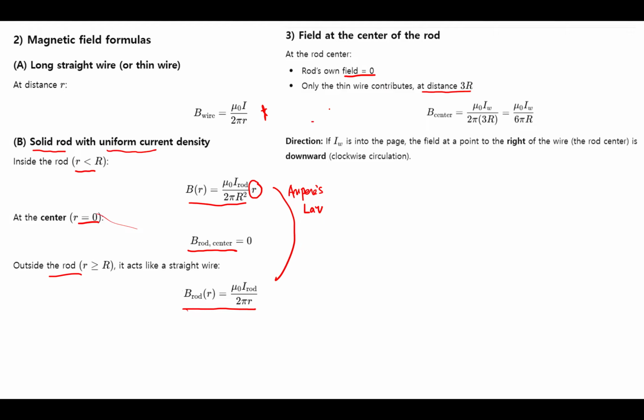Okay, so at the center of the rod, the rod's own field is 0, and the only contribution is from this thin wire. So the distance is 3r, and then we have this one.